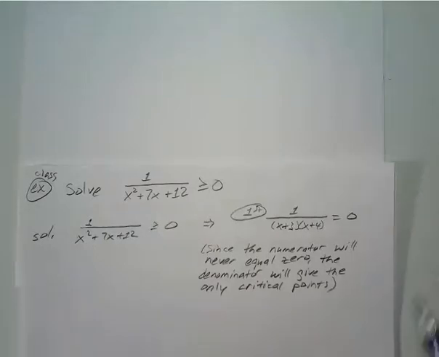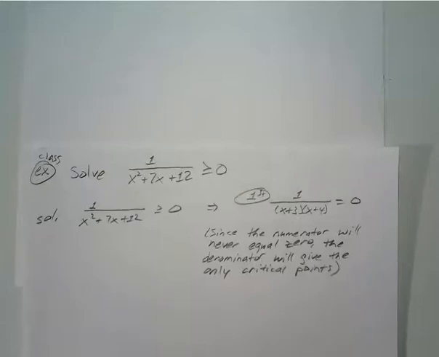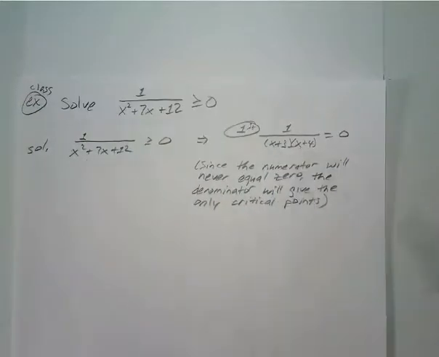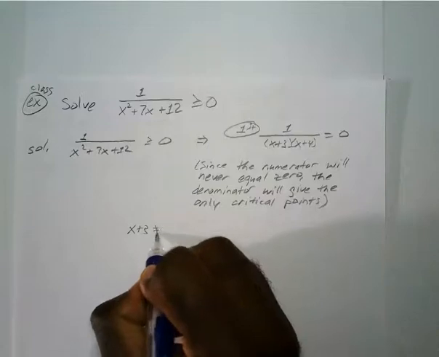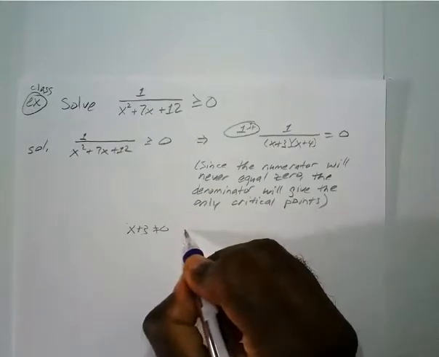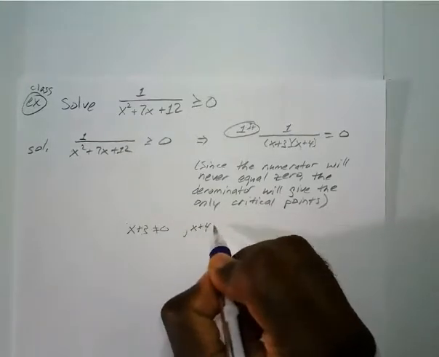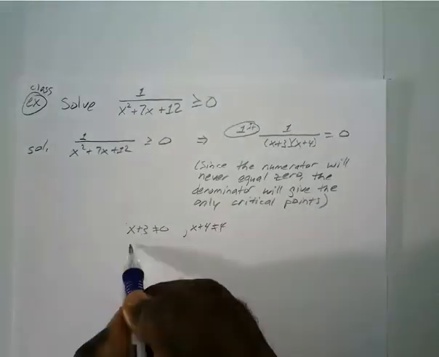Okay, so we don't have our numerator critical points, but we do have our denominator critical points. So x plus 3 can't equal 0, and x plus 4 can't equal 0.